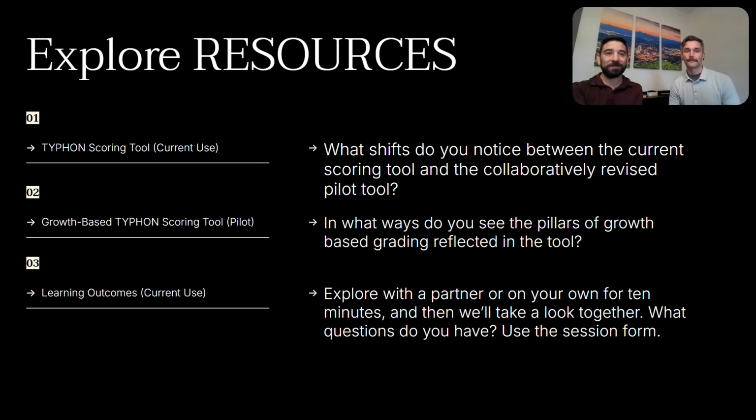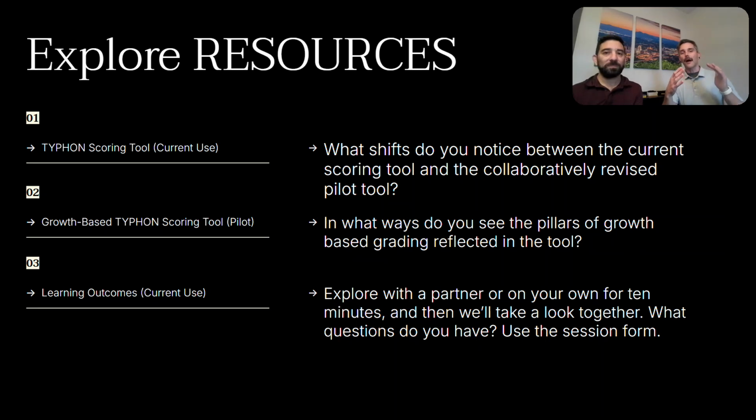Exactly. And so, what we're going to do now, everyone, is we're going to hit another pause point, and we've got some time for you to explore a few resources that really are the center of this work. So, you've got the Typhon scoring tool, which is the current use scoring tool. For many of you, it will look very familiar because you're using it right now, most likely.